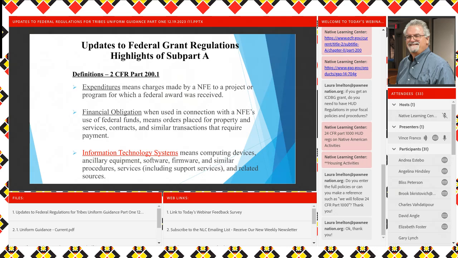You want to probably do a little bit of drilling down on this to see if your IT system that you might have, is it specialty software that was designed for your program? If so, it might be intangible property. It might be, it's definitely information technology. Can it be treated as a supply, or does it fall over on the side of equipment?